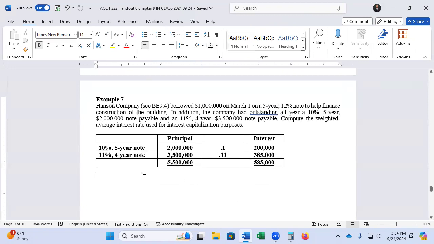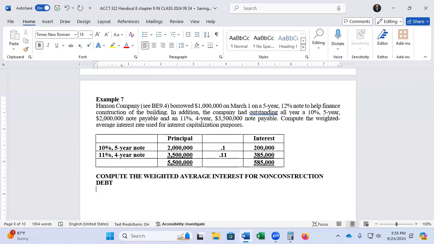And so if we wanted to compute the weighted average interest, all we do is take the 585,000 and we divide it by 5.5 million. And that equals 10.64%.